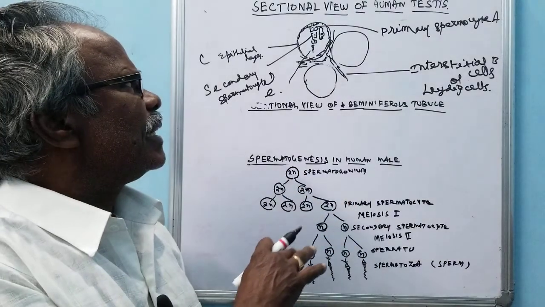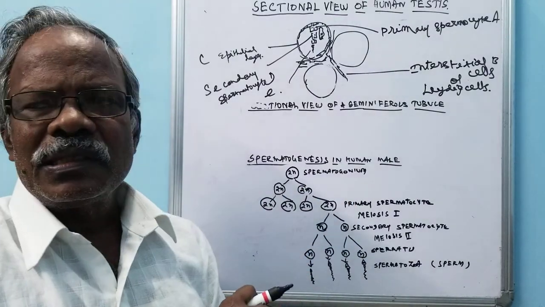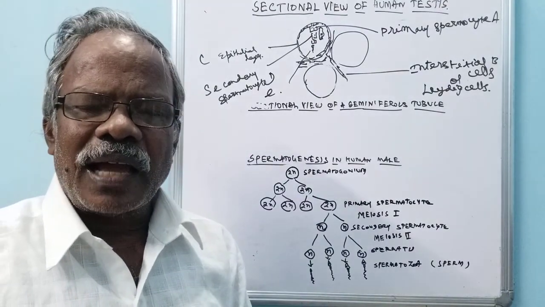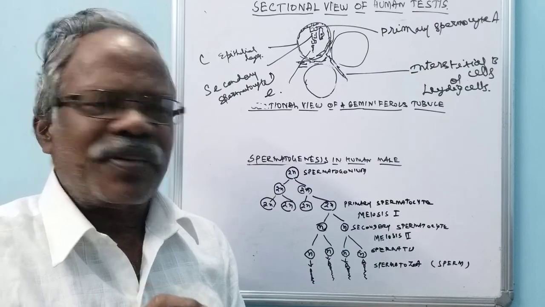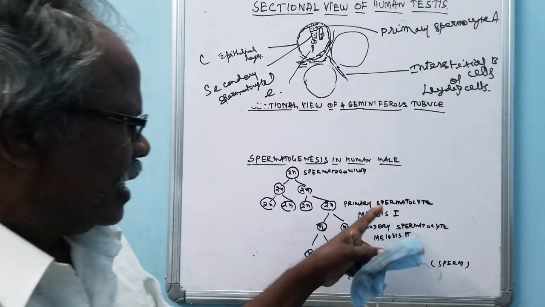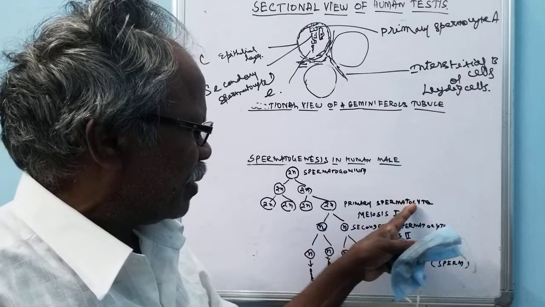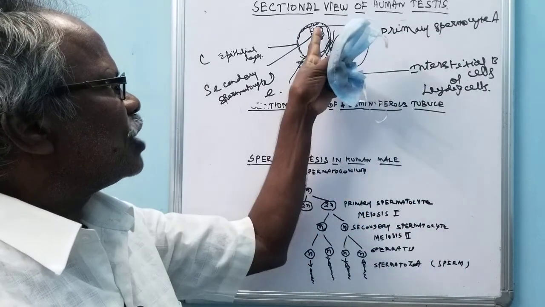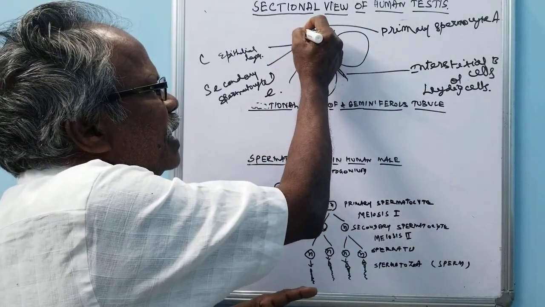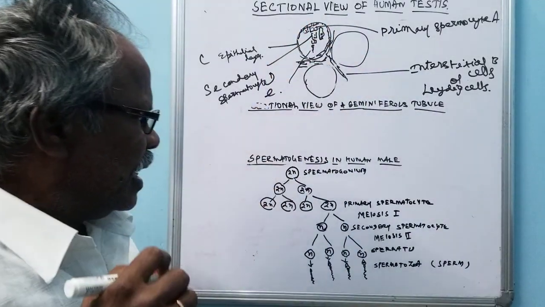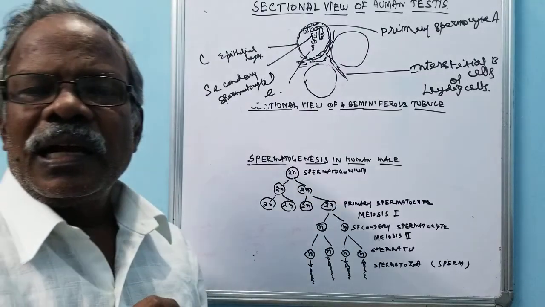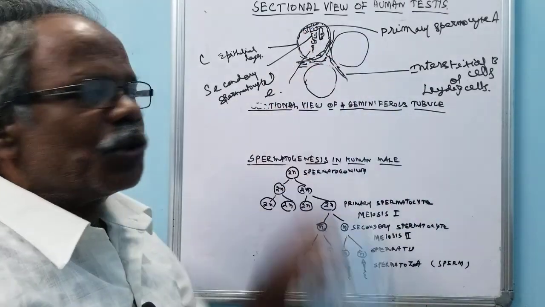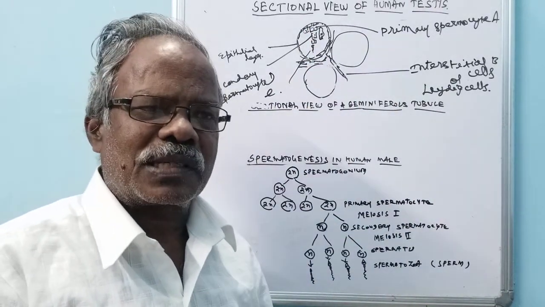Inside the seminiferous tubules we can see the primary spermatocyte, which is the actual cell for the formation of the sperm. The spermatogonium we can also see, and that contains 2n number of chromosomes, that is diploid chromosomes.